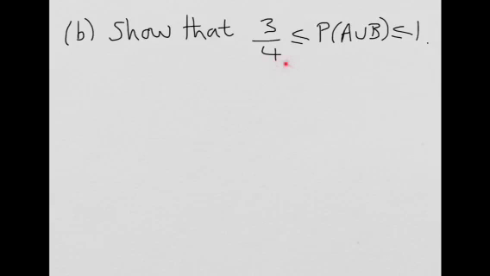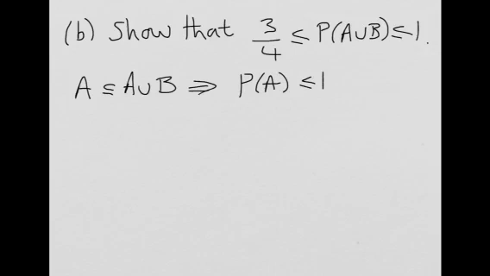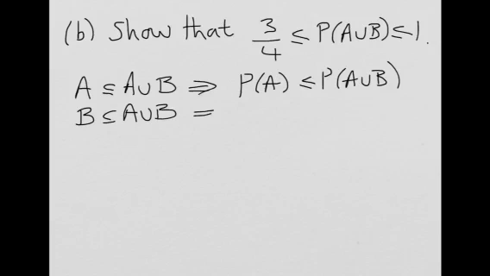So if we first take the lower bound, the key point here is that the set A is contained in A union B. So again, using monotonicity, we see that the probability of A is less than or equal to the probability of A union B. And likewise, the set B is a subset of A union B, so the probability of B is less than or equal to the probability of A union B.